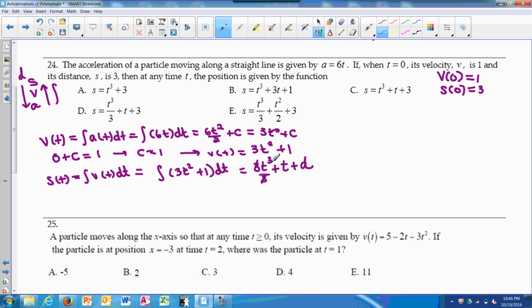The derivative of t cubed is 3t squared. The derivative of t is 1. The derivative of d is 0. Now if I use the initial value for position, at time 0, I would get 0 cubed plus 0 plus d has to equal 3, because position at 0 equals 3. So d equals 3. And I have my position function is t cubed plus t plus 3. So answer C.